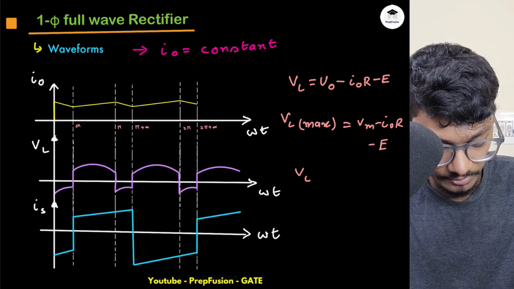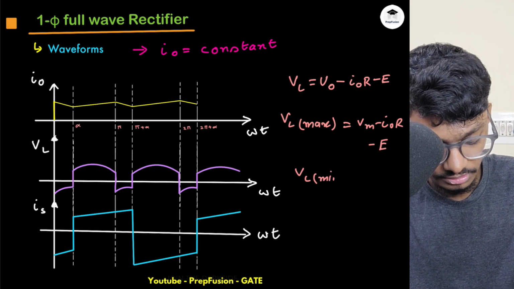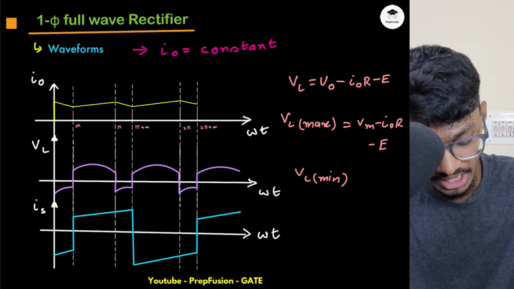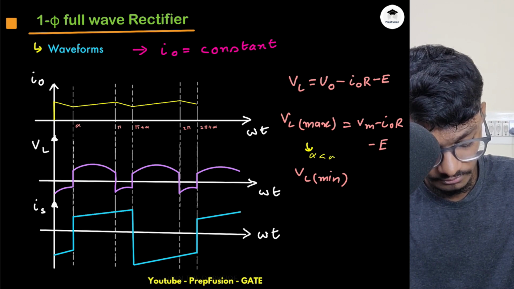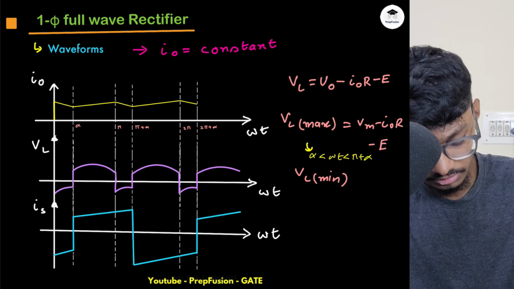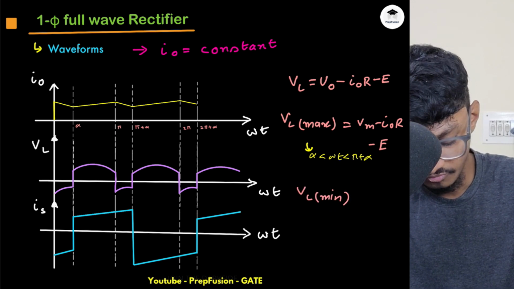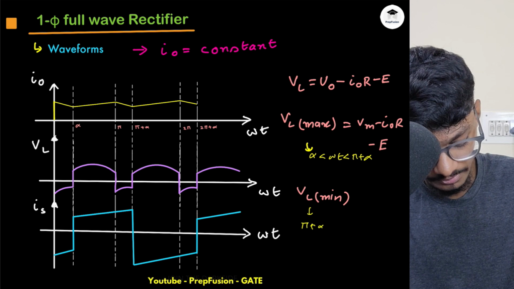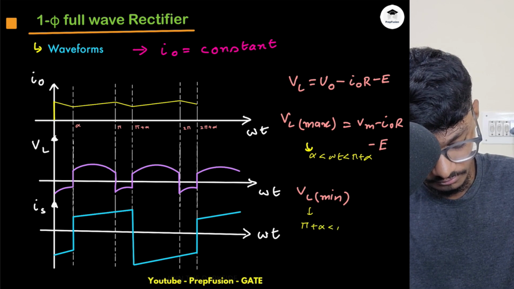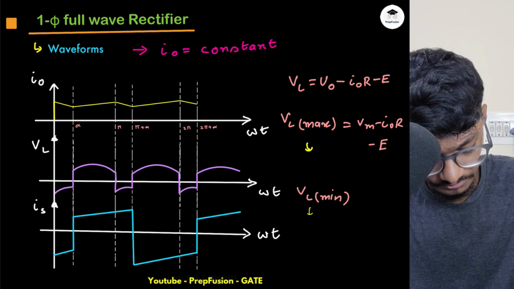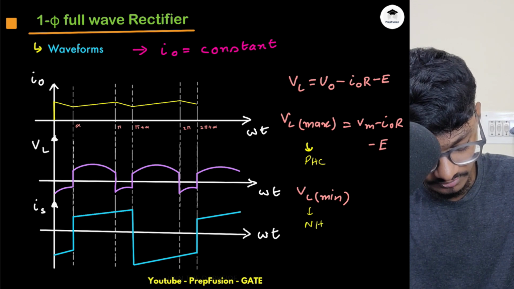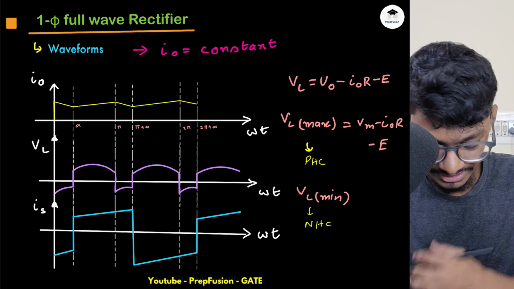And what about VL minimum? Maximum will only happen from the region alpha to pi plus alpha, and minimum will only happen from pi plus alpha onward.